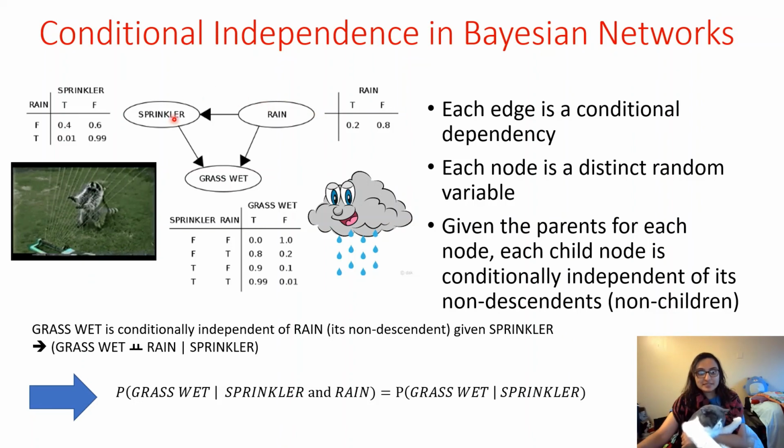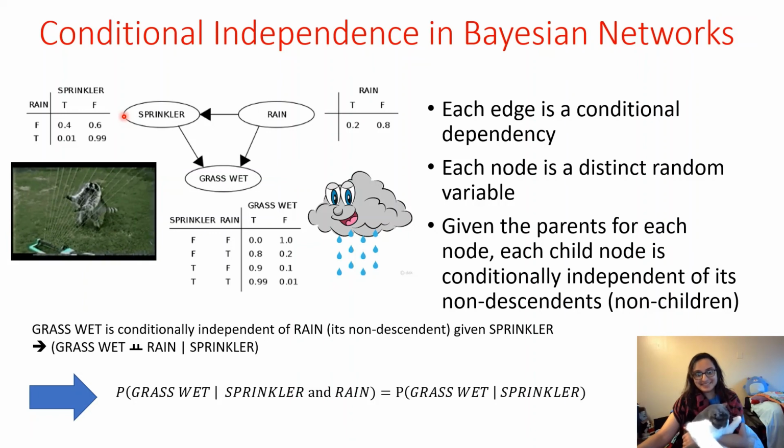Sprinkler's parent is rain. So given the parents for each node, each child node is conditionally independent of its non-descendants, its non-children. Essentially what that means is that grass wet is conditionally independent of rain, which is a non-descendant, actually its parent, given sprinkler.